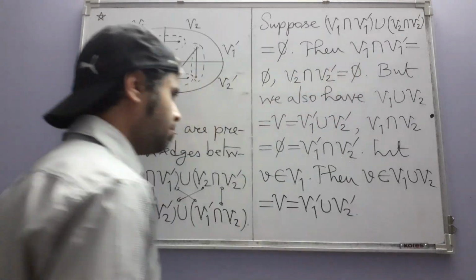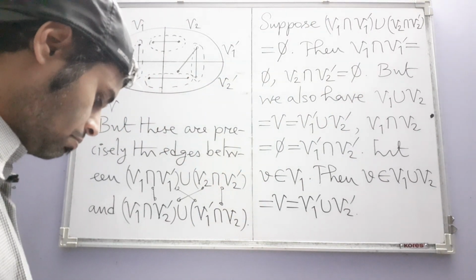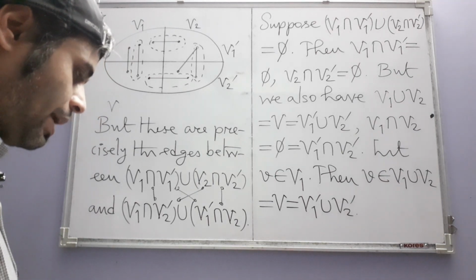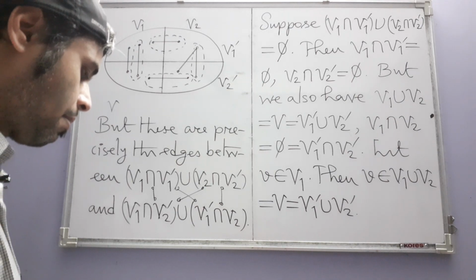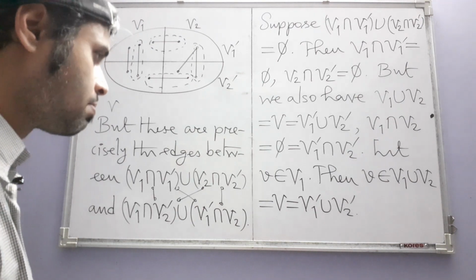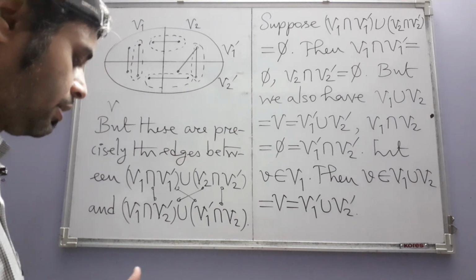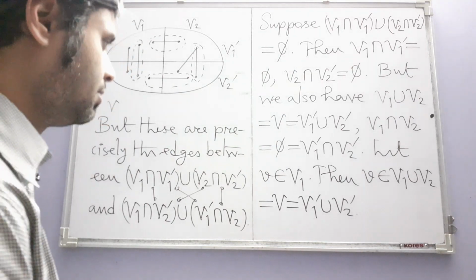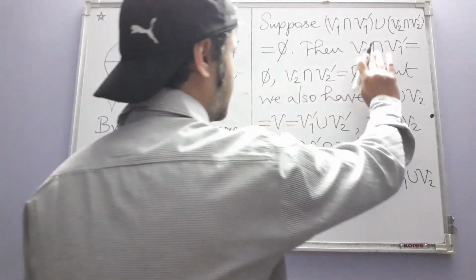Now I think before proceeding like this, I should assume something else. No, not okay. So that means it will not match with whatever I have written here. Anyway, forget about what I was saying.